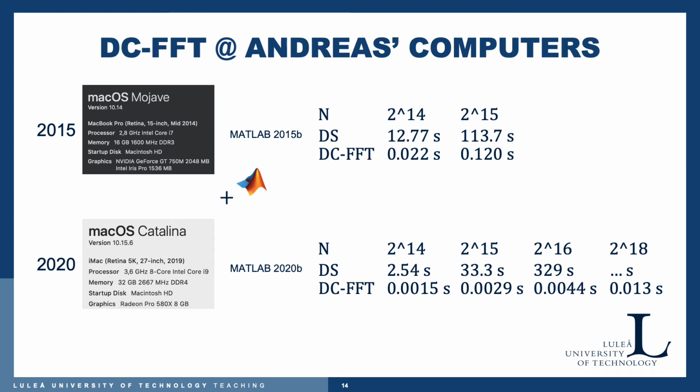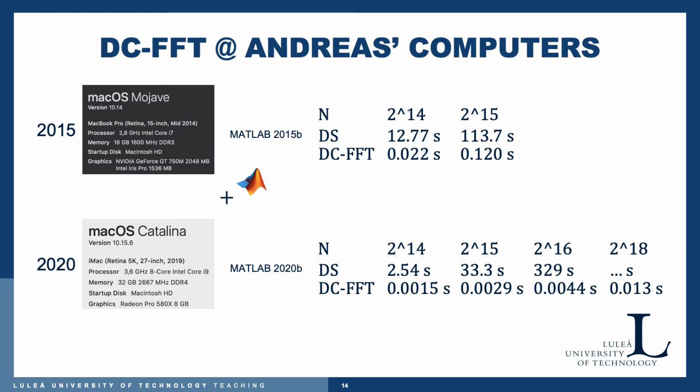And looking at the timing for the DC-FFT, it was 0.12 seconds. Compare this with the 2 to the power 16 nodes in 2003, they were down at 0.44 seconds.